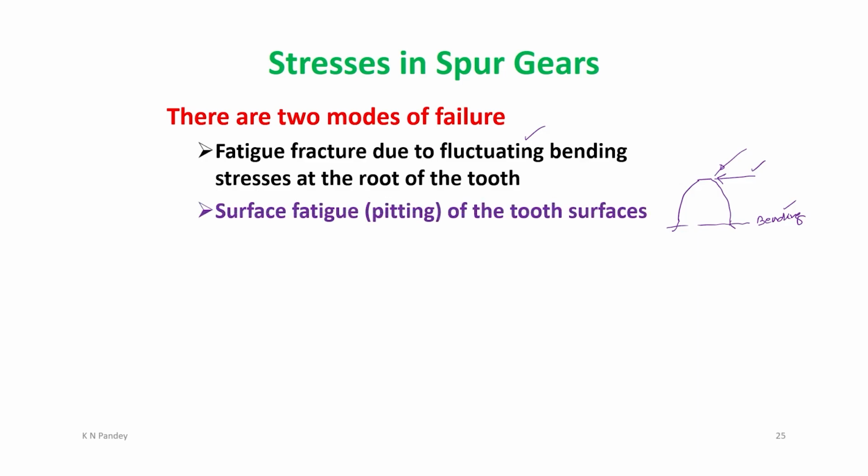Similarly, when the two gear teeth are transmitting power, they are in contact, and at this contact point, very high contact stresses develop, and these contact stresses are also of fluctuating nature, because they will act when there is engagement of the gear tooth, and they will become 0 when there is no engagement.